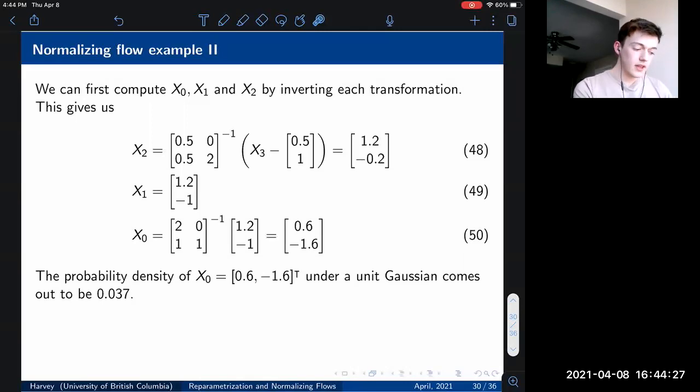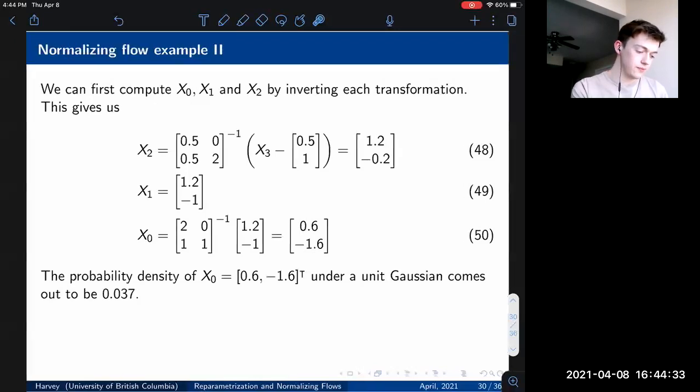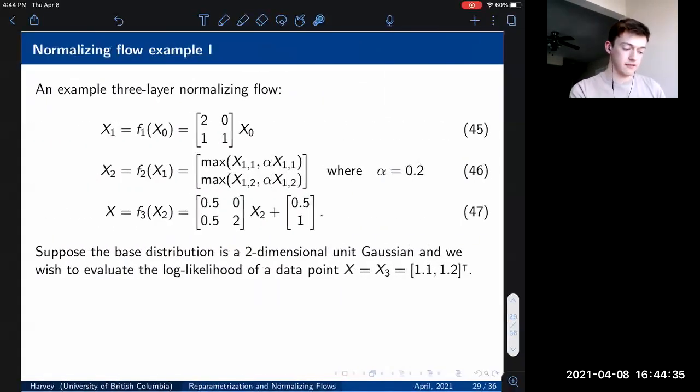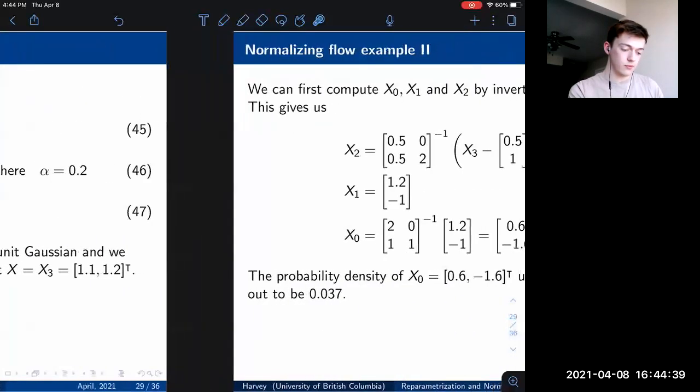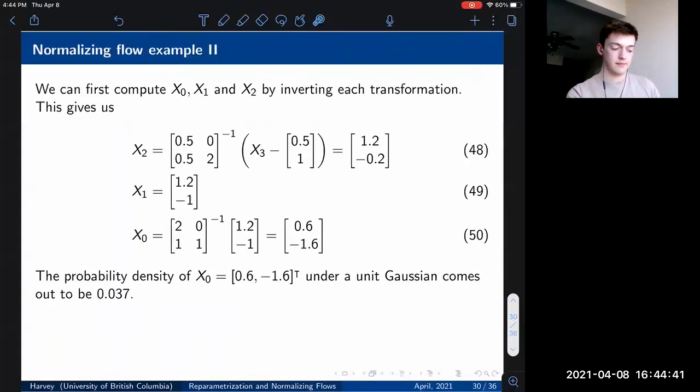We can invert all the transformations as follows. We start by inverting the final transformation: we take x3, subtract the bias term, and multiply by the inverse of the weight matrix. We get this number.